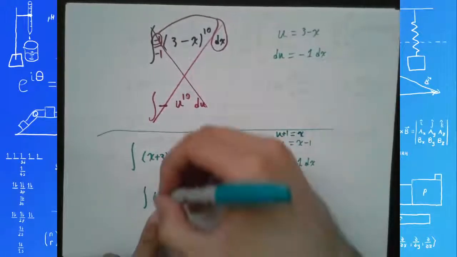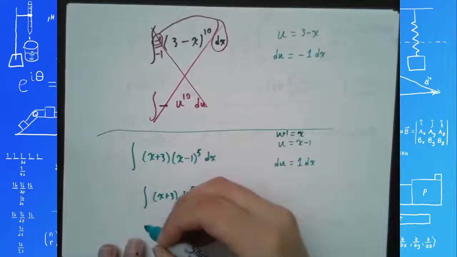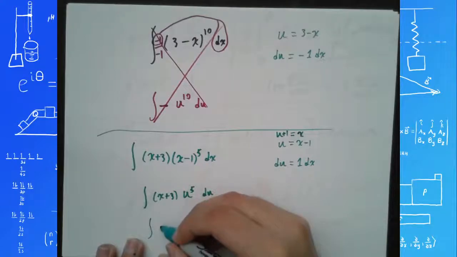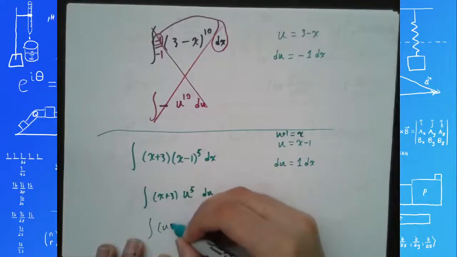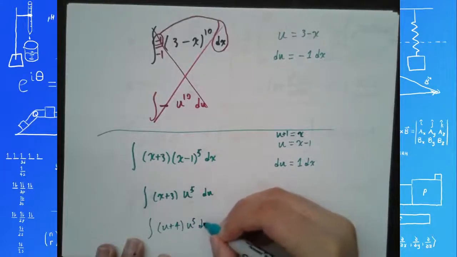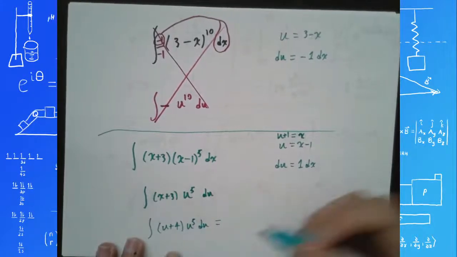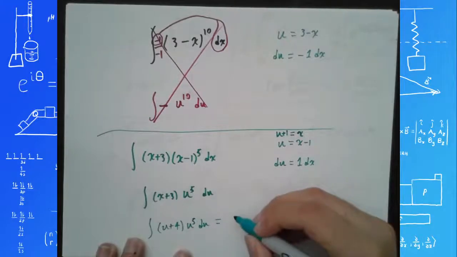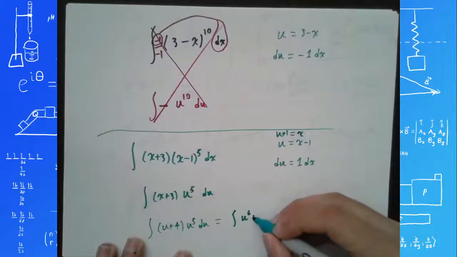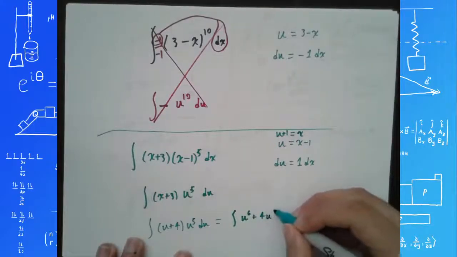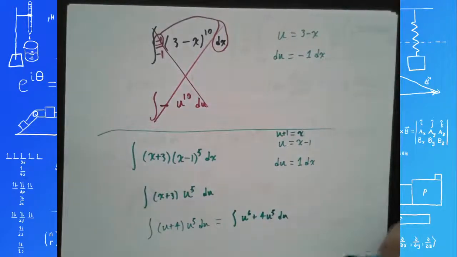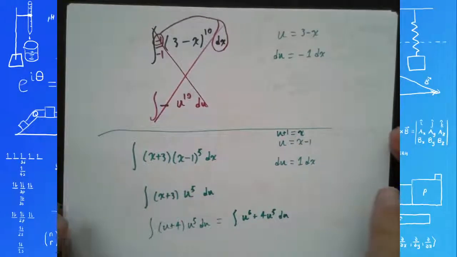And then if I replace this x with u plus 1, then I've got the integral of u plus 1 plus 3, so u plus 4, times u to the 5th du, and you can distribute u to the 5th over that, so you get the integral of u to the 6th plus 4u to the 5th du, and the rest integrates the usual way from there.